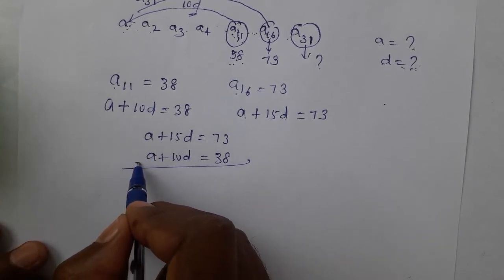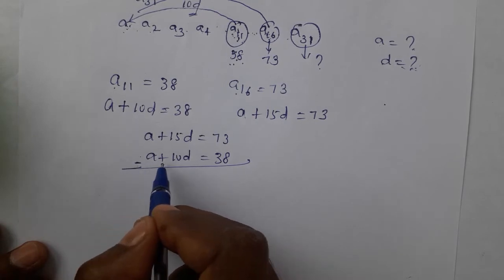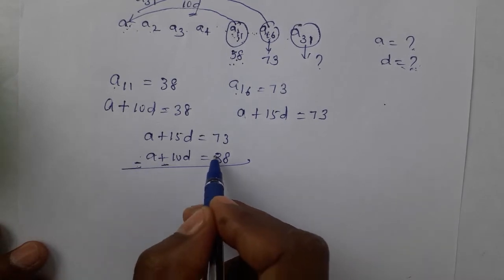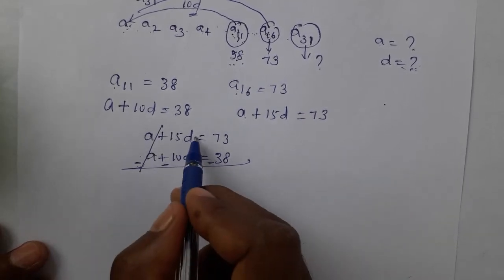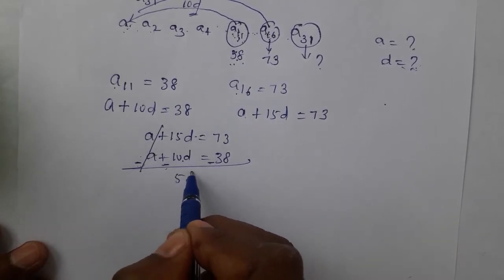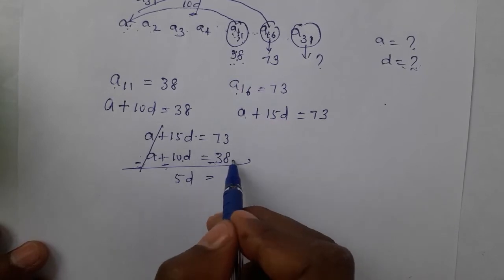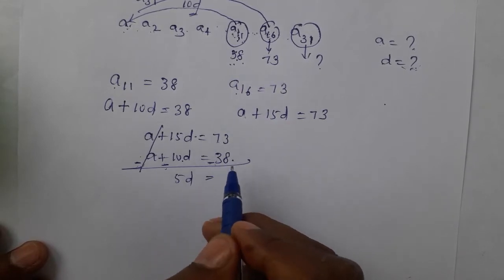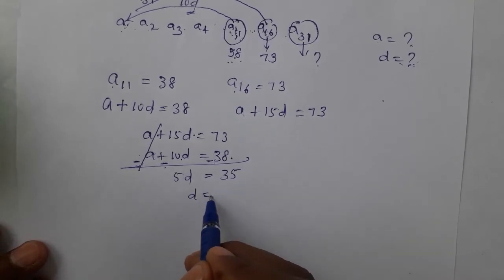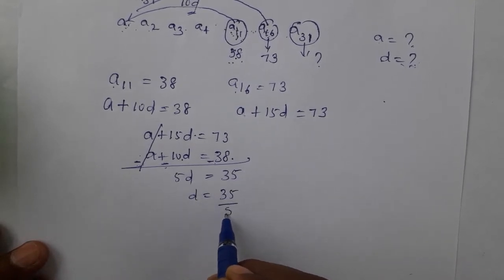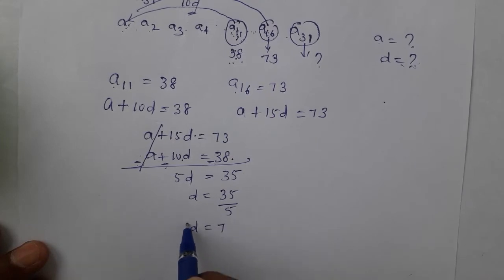So we change the signs: here plus, change to minus; here plus, change to minus; here plus, change to minus. A minus A, these two cancel. 15D minus 10D equal to 5D. 73 minus 38 is 35. Then D is equal to 35 by 5. D equal to 7.